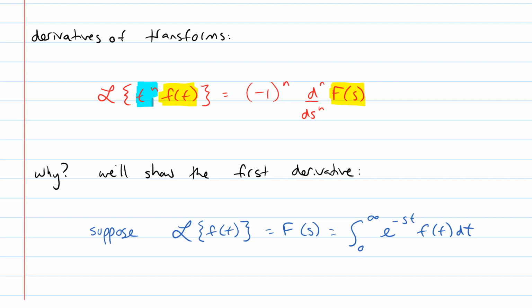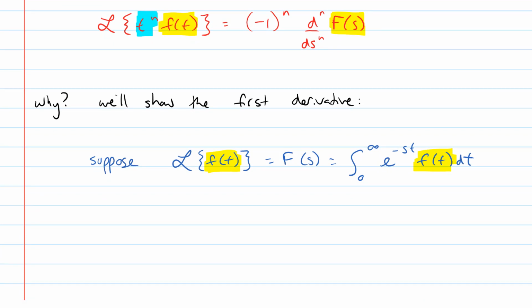We'll only look at the first derivative here, because once we've done one, you can see how it's going to work. Now, if we've got the Laplace transform of just our basic function f of t, then the definition of the Laplace transform says we integrate from 0 to infinity e to the negative st f of t dt.